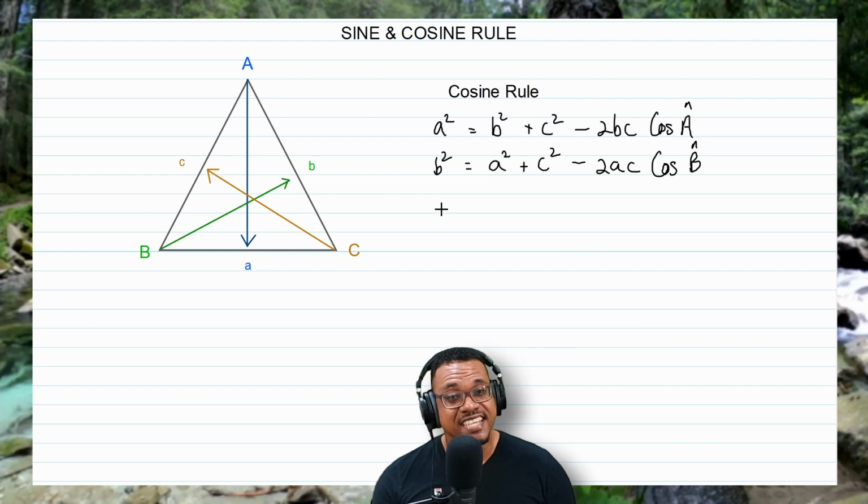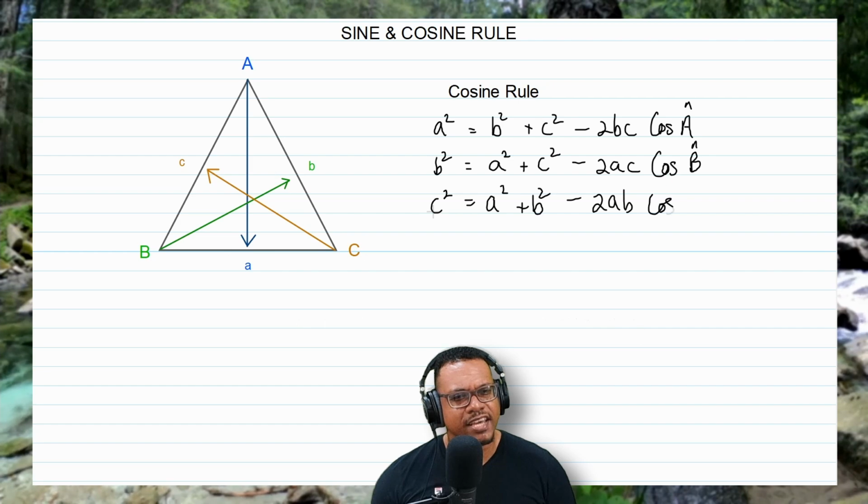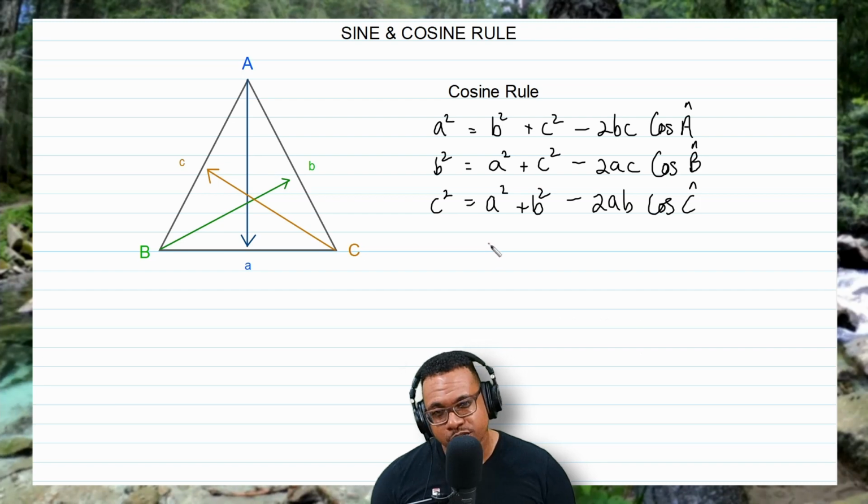And likewise, if you start with side c, so that's common c squared, that'll be equal to the other two sides, which would be a and b. So you'll have a squared plus b squared, take away 2ab cosine, and since we start with common c, we will end with capital C. And that's how you use the formula for the cosine rule.